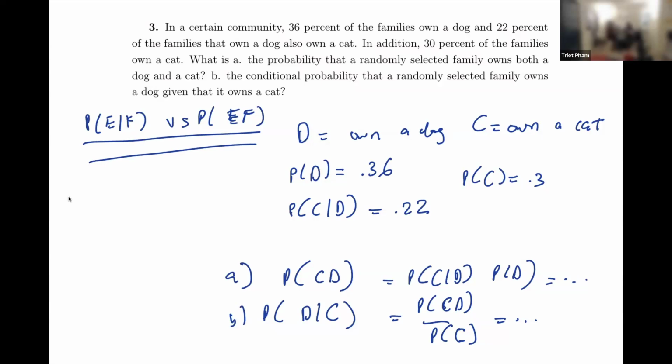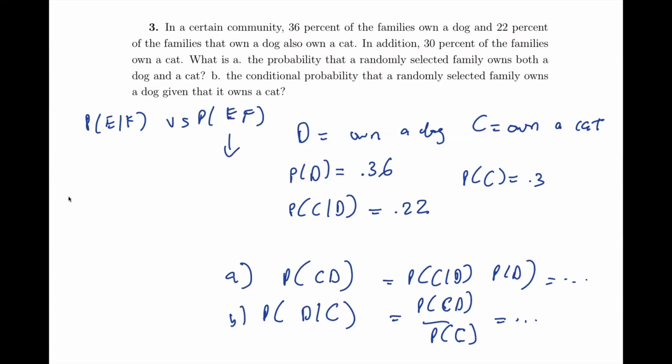So the confusion here is just really about interpreting the statement and seeing which one is which. So the keyword for P of EF is what? The keyword for this one is "and."